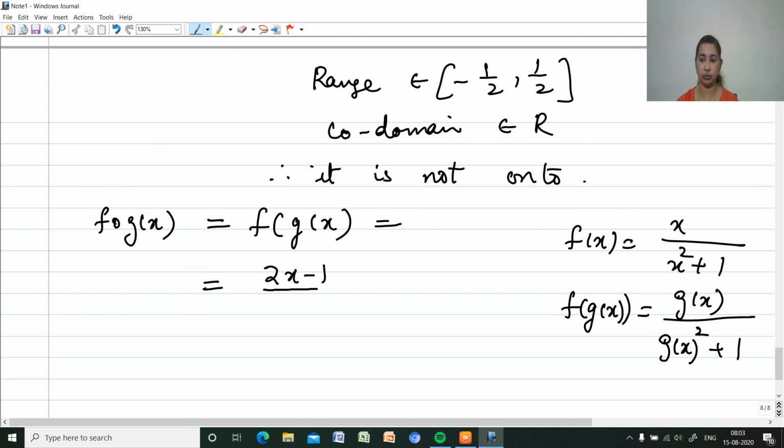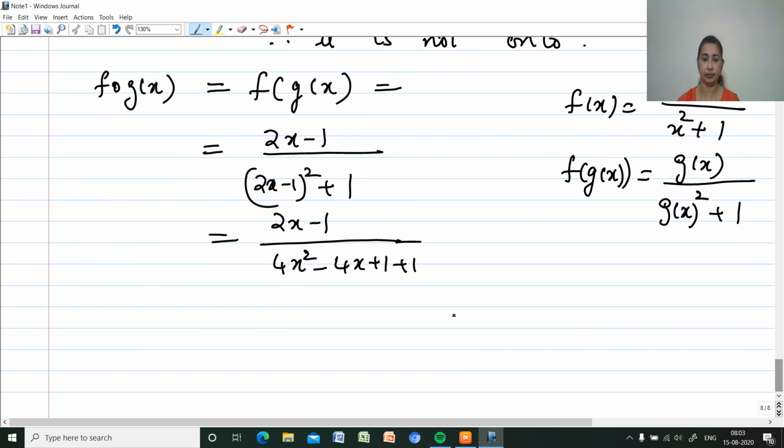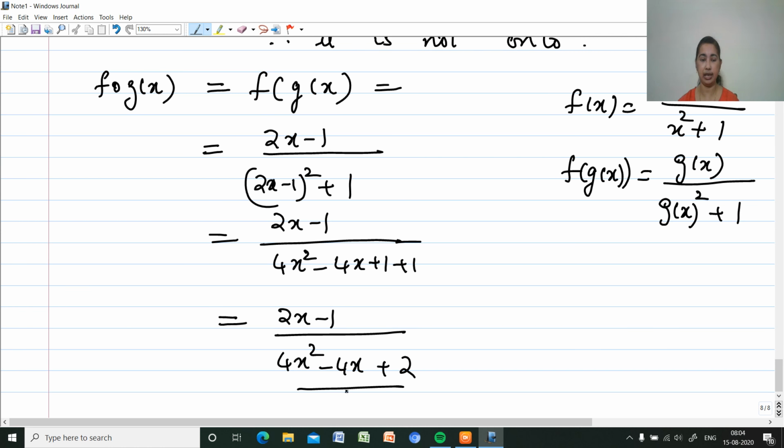So 2x minus 1 by 2x minus 1 whole square plus 1. That is again 2x minus 1 divided by 4x square minus 4x plus 1 plus 1. Simplifying that, we are getting 2x minus 1 divided by 4x square minus 4x plus 2. So that is f composition g of x.